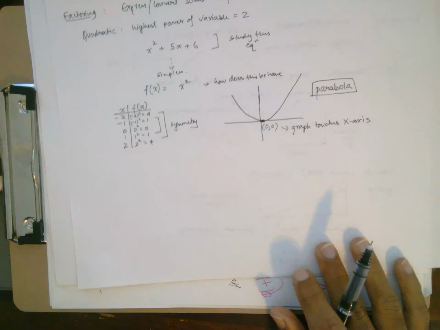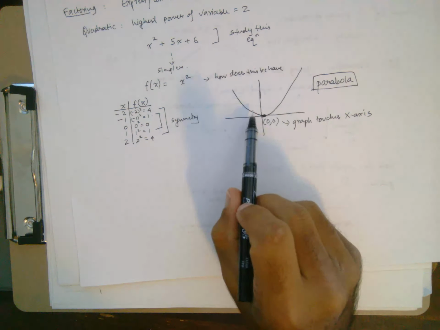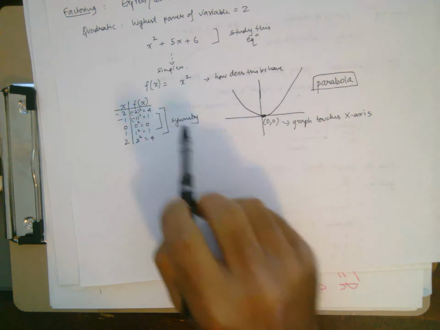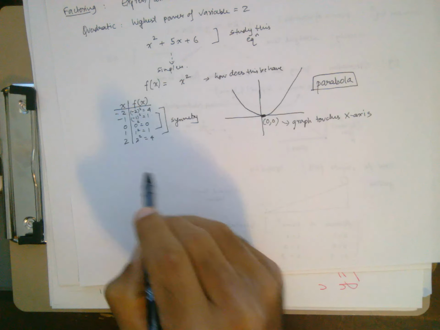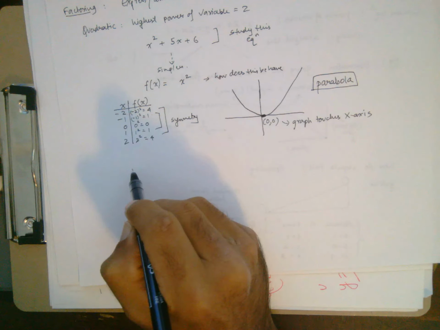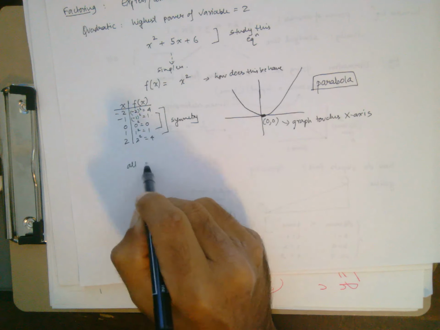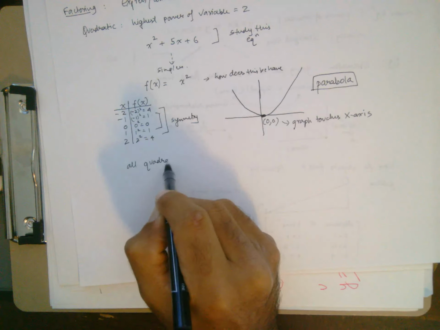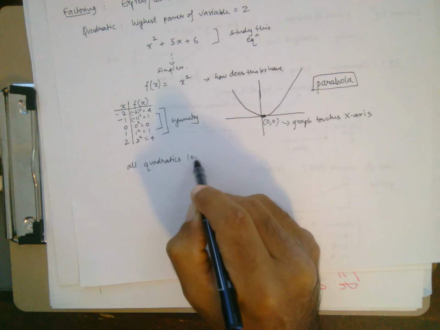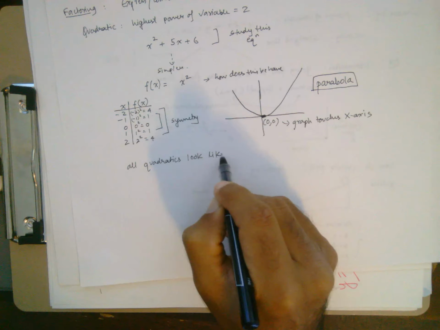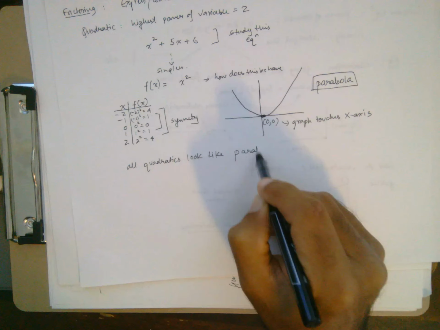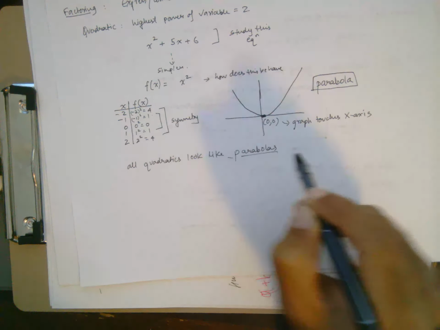Now it turns out that knowing the shape of x squared is sufficient to know the shape of any quadratic. So from here we can draw a conclusion that all quadratics look like parabolas when plotted.